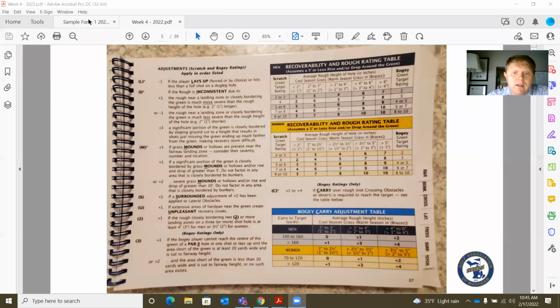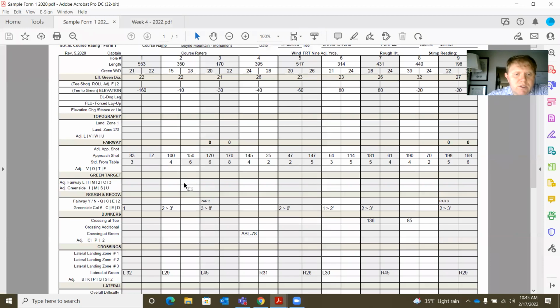So let's just do a couple here. I'll throw in a couple numbers and then we can look them up. We're just going to assume that our green target here is 4 and 6, and then let's say we have an M plus adjustment.